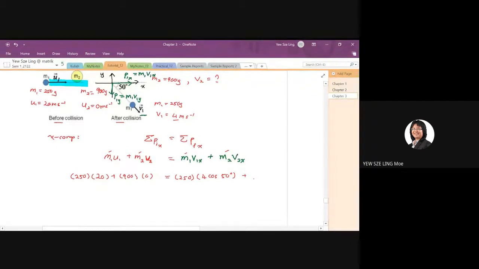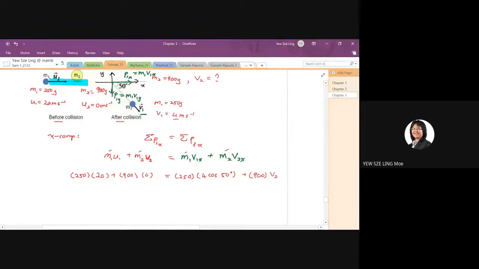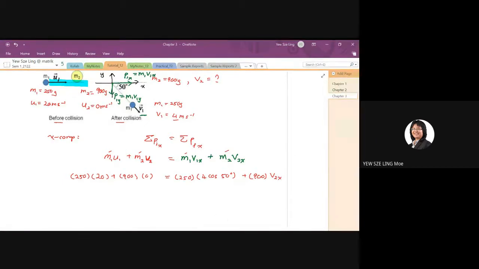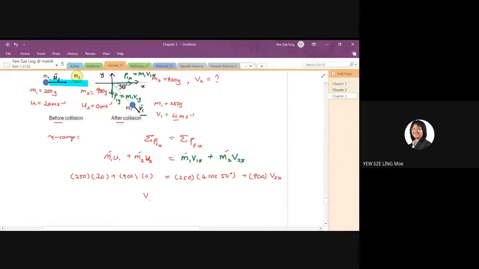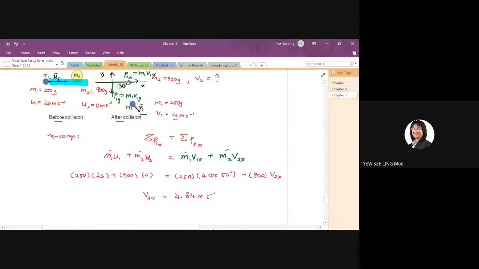Plus m2, which is 900, times v2x. This is the second line. If you rearrange the equations, eventually you will obtain v2x equals 4.84 meters per second. So this is for the x component.